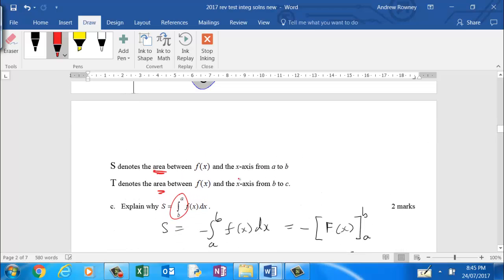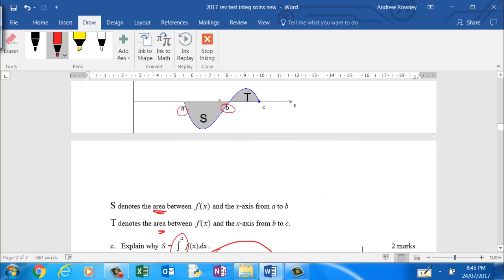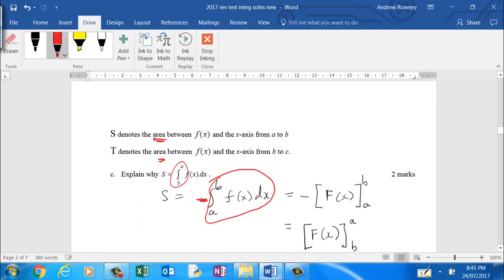To show that, let's actually put down what S is. Now S is the integral from A to B, but we've got to put a minus sign because that integral will give a negative value because it's underneath the x-axis. Because area is positive, we have to put a negative out the front, so negative times a negative is positive.